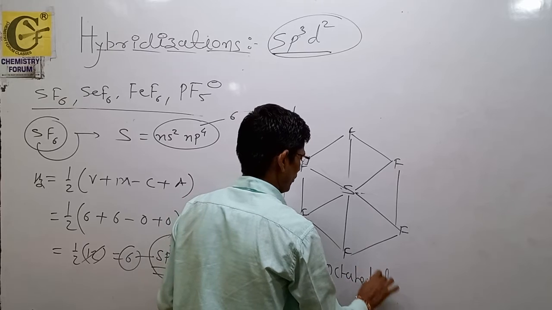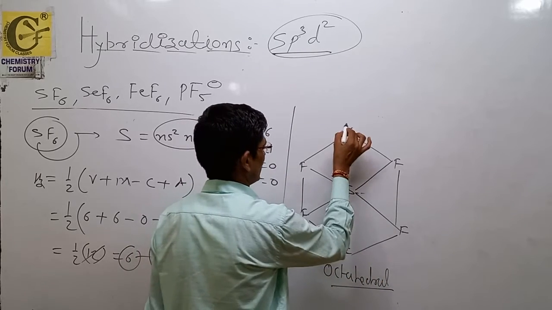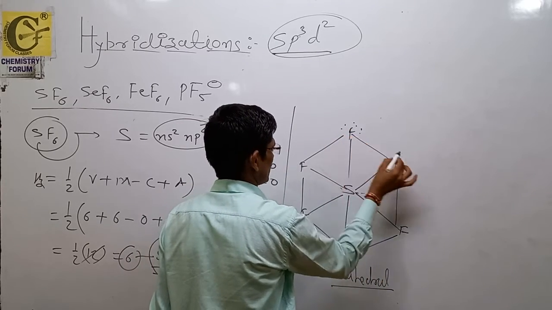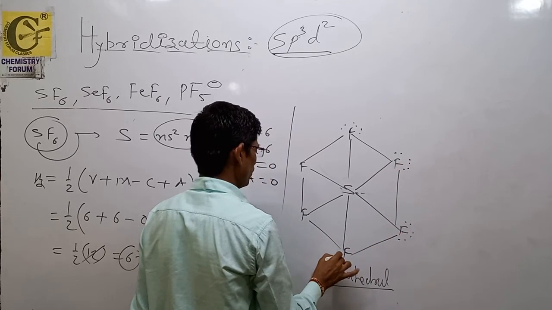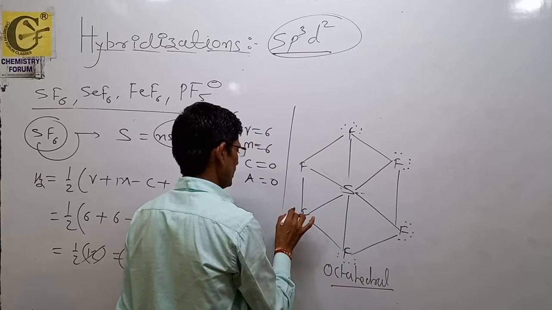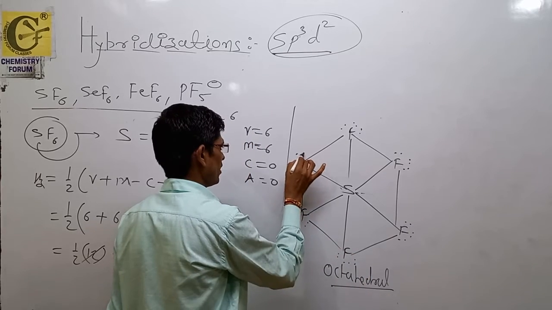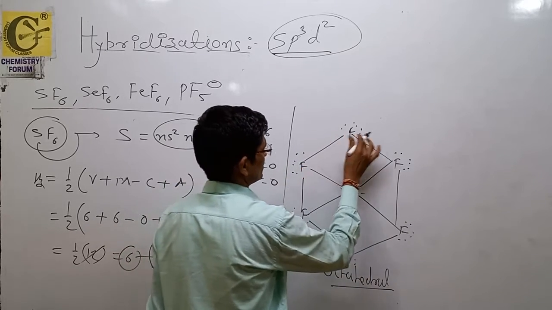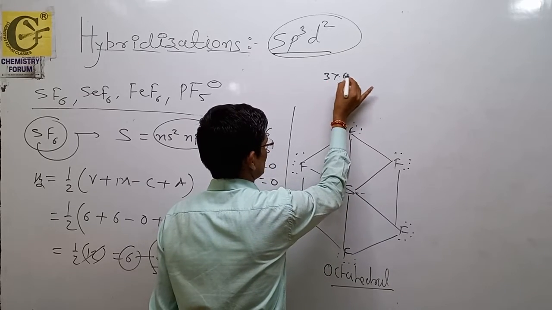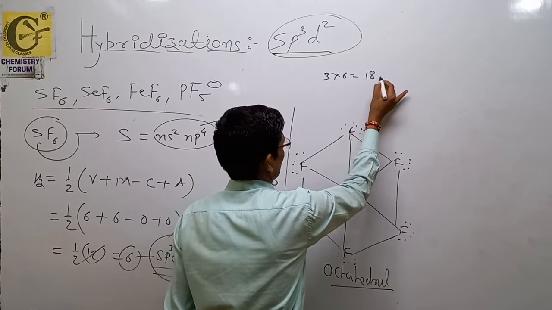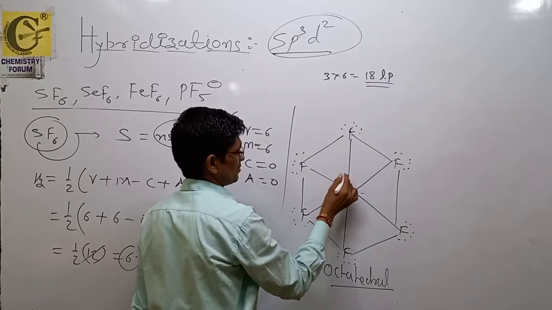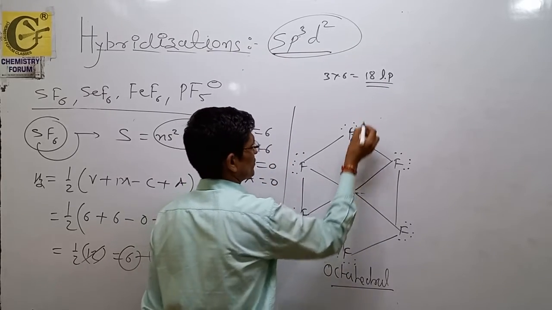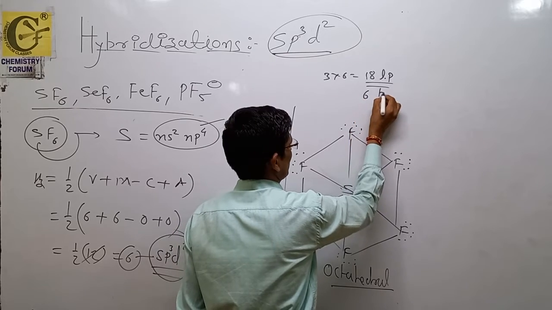So total lone pair of electrons की हम यहाँ पे बात करते हैं, each fluorine contains 3 lone pairs of electrons. That is 3 into 6 is equal to 18 lone pairs of electrons. Bond pair of electrons की बात करते हैं, 6 bond pairs of electrons.